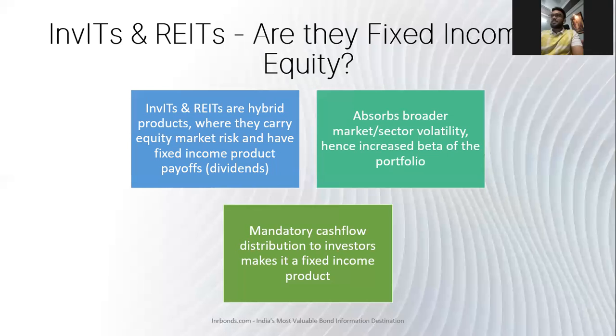And so the mandatory dividend payment makes it a fixed income product. However, you have to understand how the capital gains work out for this. For example, I'll give you a live example. The Power Grid InvIT was issued at rupees 100 during the IPO.